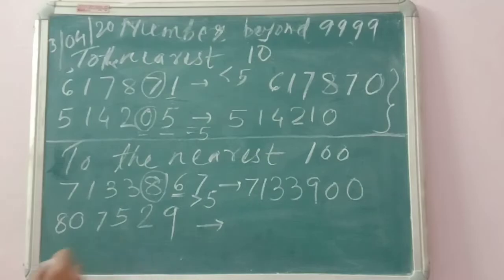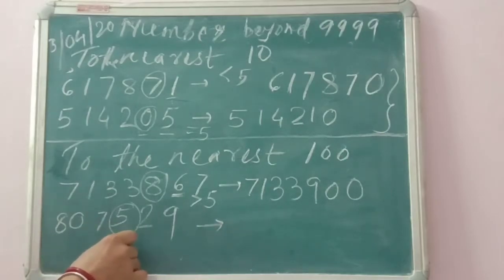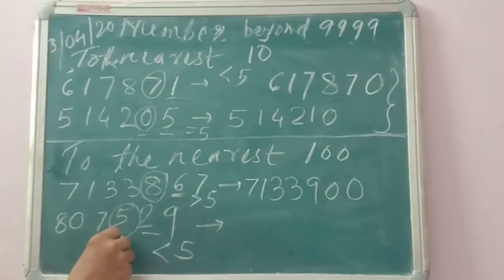Now look at the second number, which I want to round to the nearest hundred. The digit at which I have to round off is 5, and the digit I have to check is 2. Since this 2 is less than 5, the digit at the hundreds place will not change to the next hundred, but I'll replace the tens and ones digits by 00.